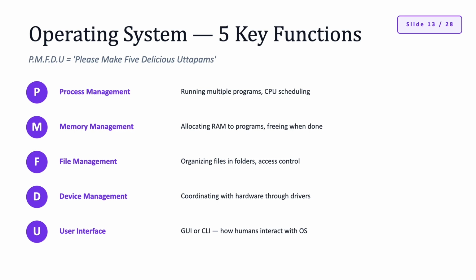The operating system has five key functions: process management, running multiple programs simultaneously, deciding which gets CPU time; memory management, allocating RAM to programs, freeing it when done; file management, organizing files in folders, controlling who can access what; device management, coordinating with hardware through drivers; user interface, providing a way for humans to interact with the computer, GUI or CLI.